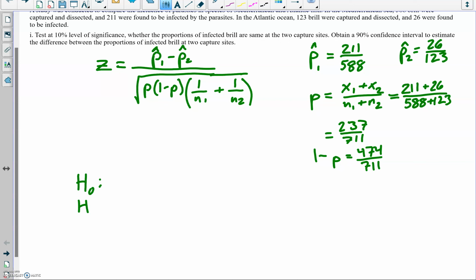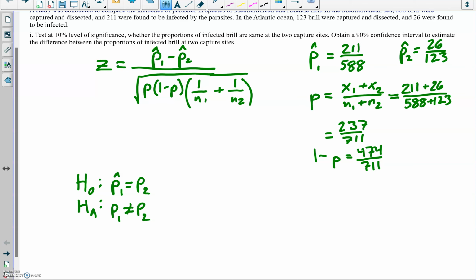We can set up our null and alternative hypothesis here to get an idea of what we need to do for the Z. What are we looking for with the Z? Since we want to see if the proportions are the same, we are really just testing if p1 equals p2. And then the alternative would be that p1 is not equal to p2.